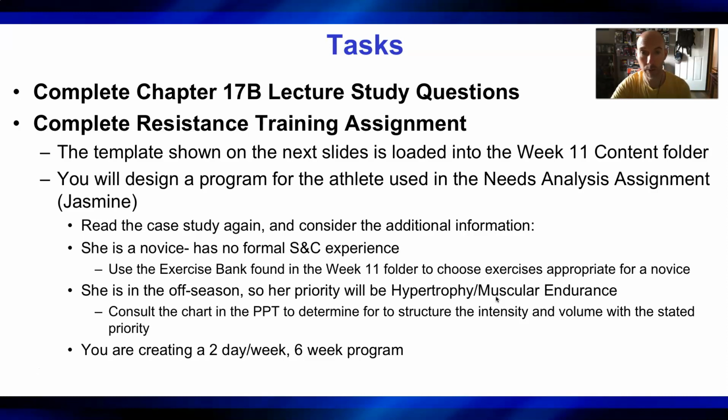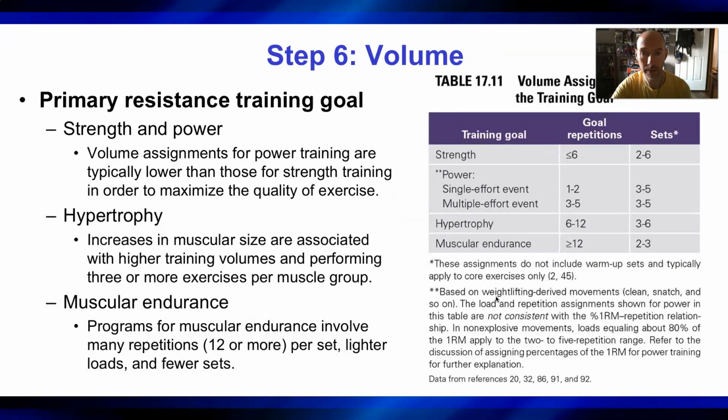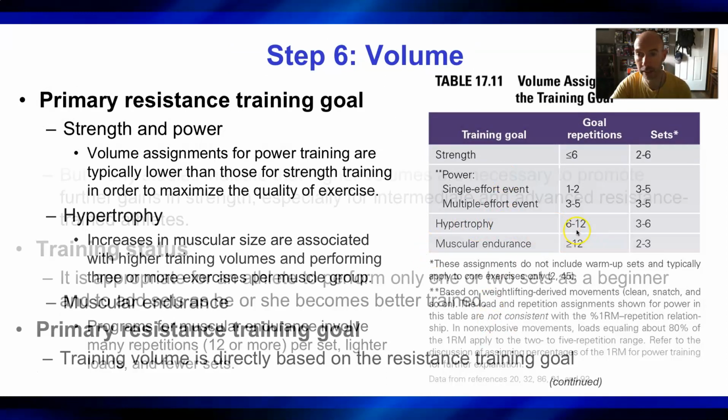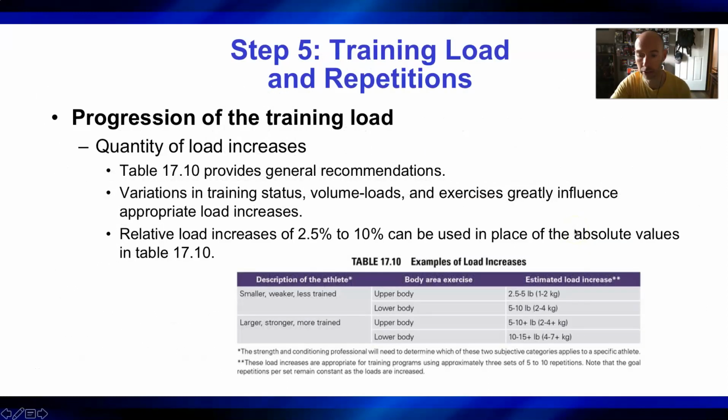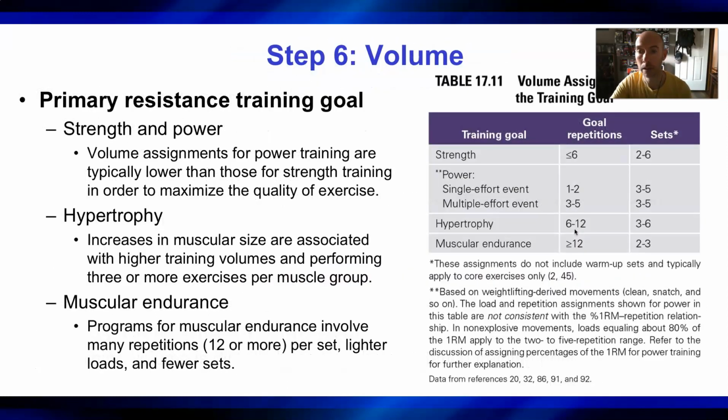I'm just going to scroll back real quick and show you where that is. Let's see. So here's our repetitions. She's in hypertrophy, so we're going to go in a 6 to 12 rep range. Sorry, wrong way. And then her sets are going to be 3 to 6. So as long as you pick a number in those two ranges, you'll be good to go, okay?